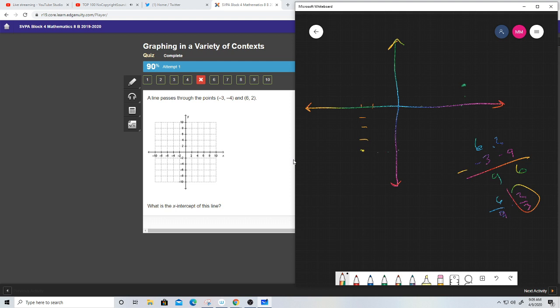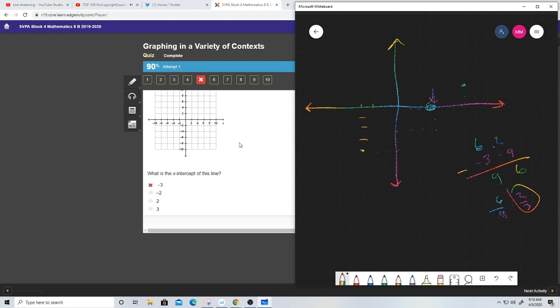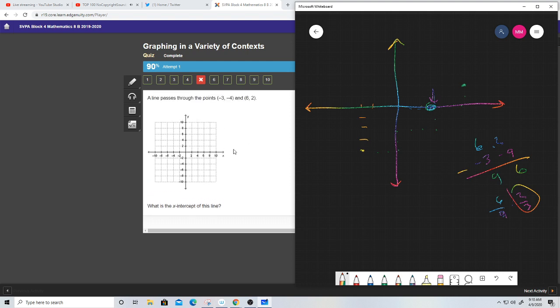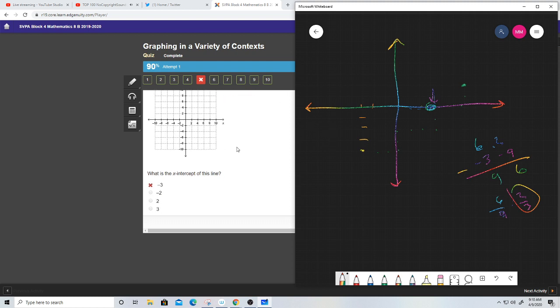So it's not 3? Oh, I marked -3. So I don't see me making that big of a mistake. So I must have just clicked too fast. Because this line obviously went here. And I even remember doing this. Why would I click something over here?